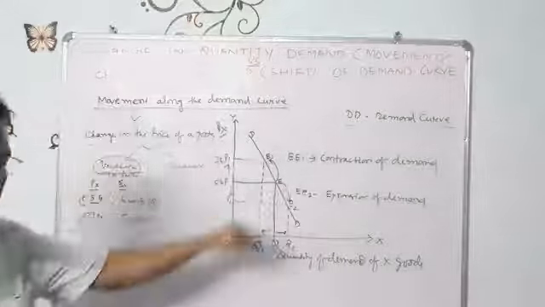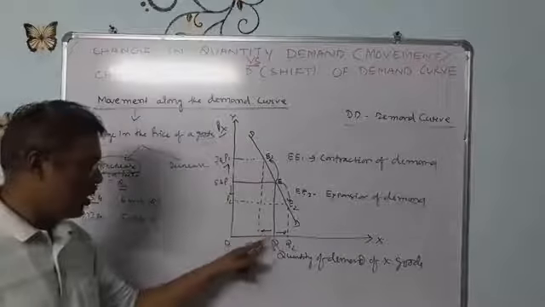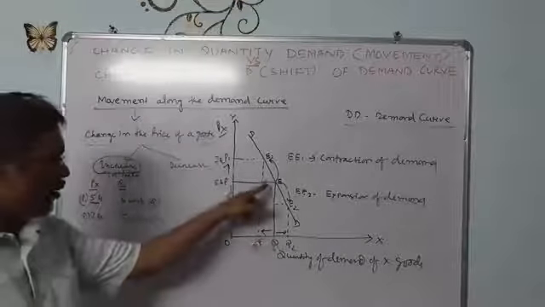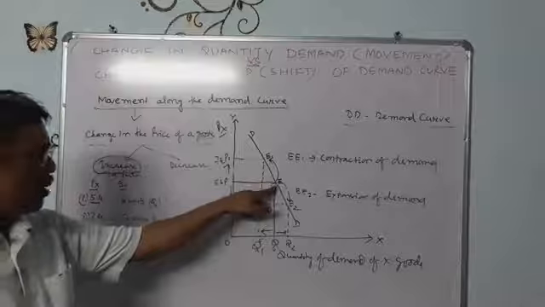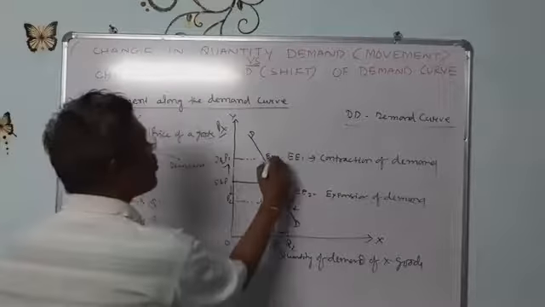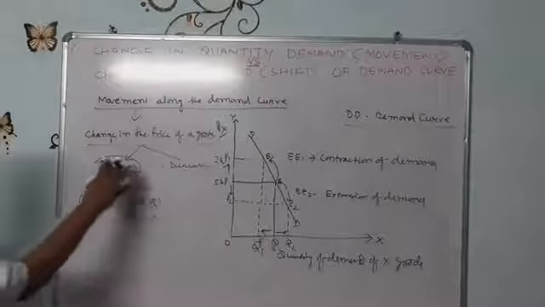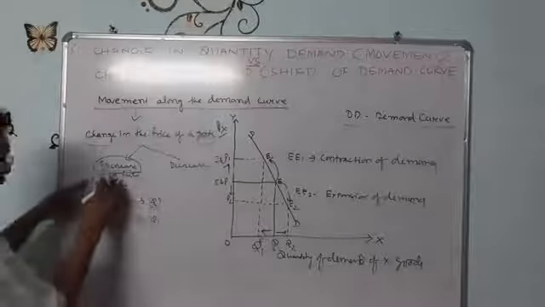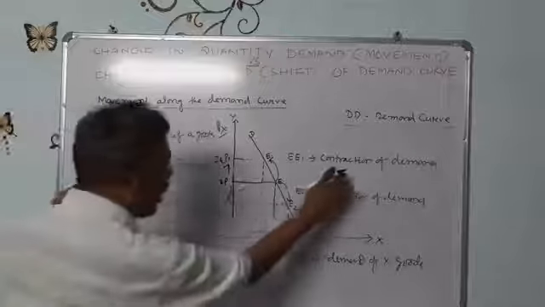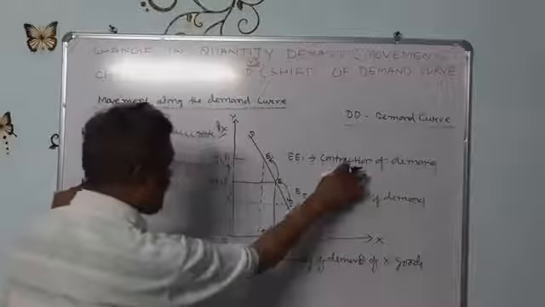Due to the increase in the price, the quantity demanded decreases, and on the same demand curve, the movement from E to E1 is known as contraction of demand. So an increase in price causes contraction of demand.